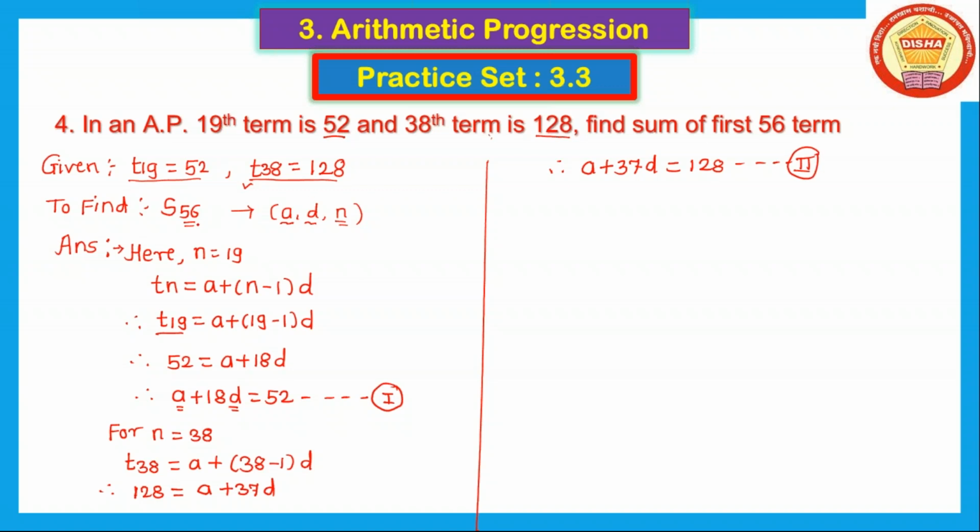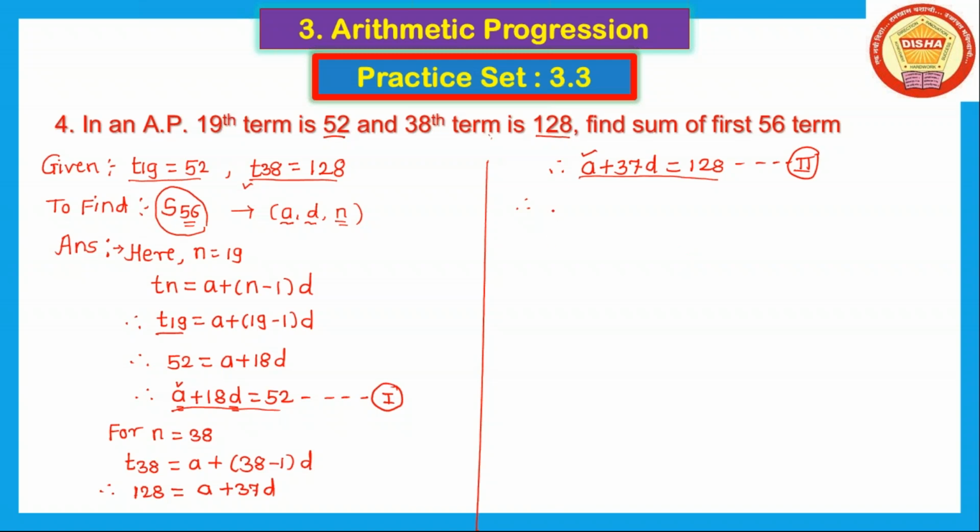See now, we have to find the sum of 56 terms. For that, we have to find the values of A and D. Then how do we find them? Here we got one linear equation, and here again we have another linear equation. We have to use these linear equations and then we find the values of A and D. So to eliminate A, see here, in both the equations the variable A has the same coefficient and the sign is the same.